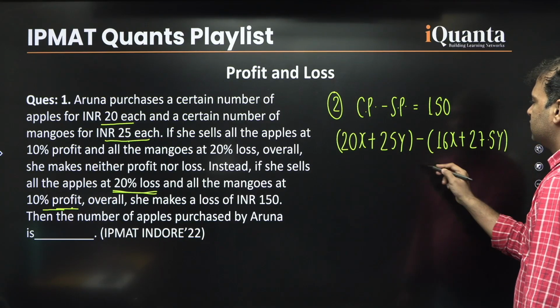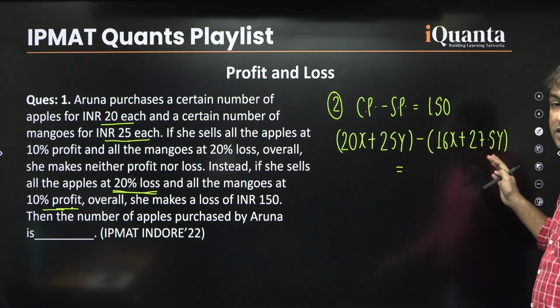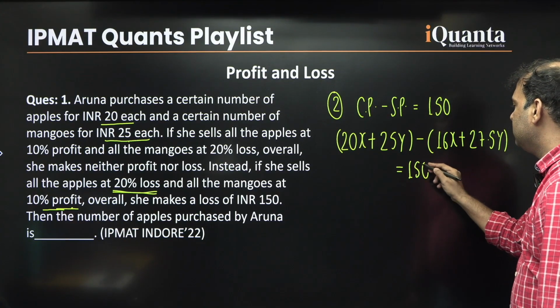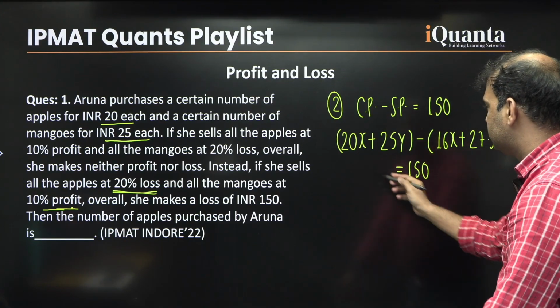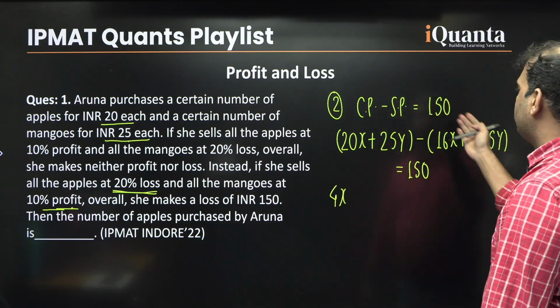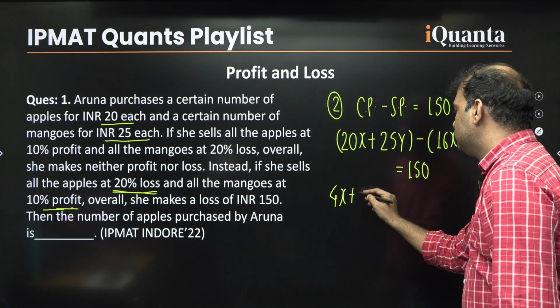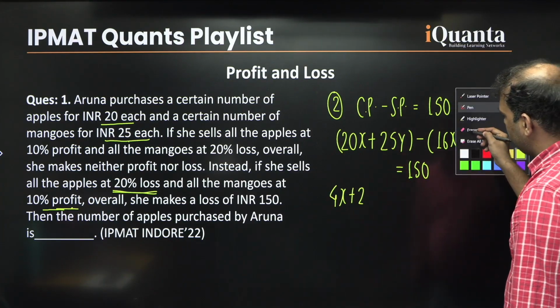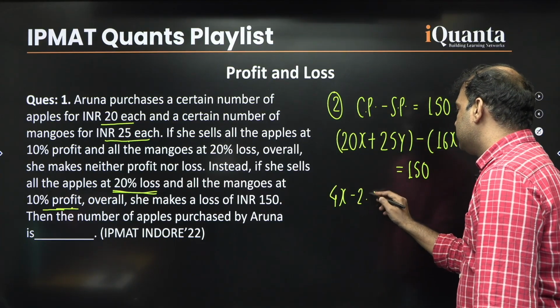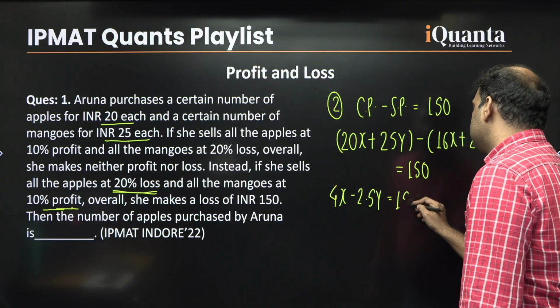This is the selling price in the second scenario, and CP minus SP is 150, the second equation. We can simplify this equation as well. 20 minus 16 is 4x. 27.5 minus 25 is plus 2.5, or I should say minus 2.5y, which gives us rupees 150. So you can see that we have two relations.